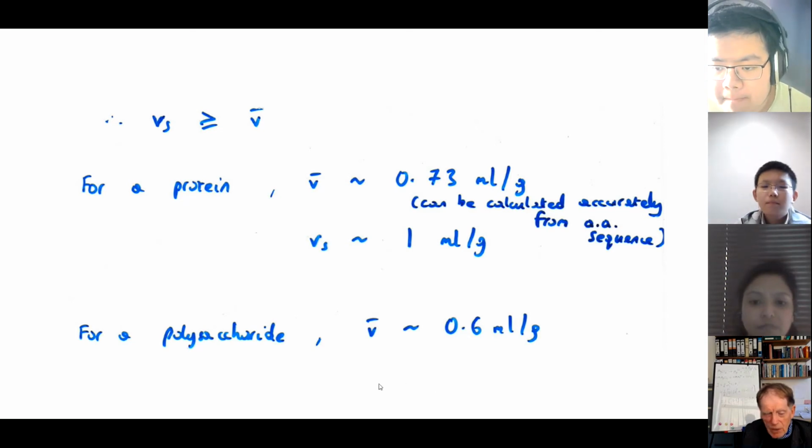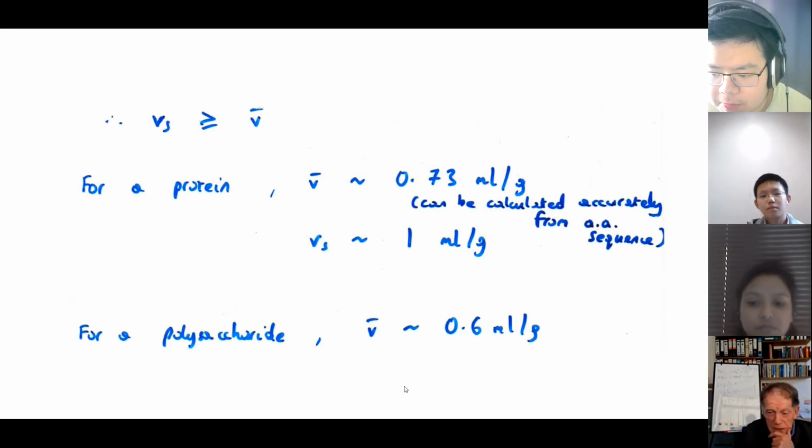And then for glycoproteins, again, it depends on the degree of glycosylation. So very heavily glycosylated glycoproteins like mucins will have very high values for the swollen specific volume.